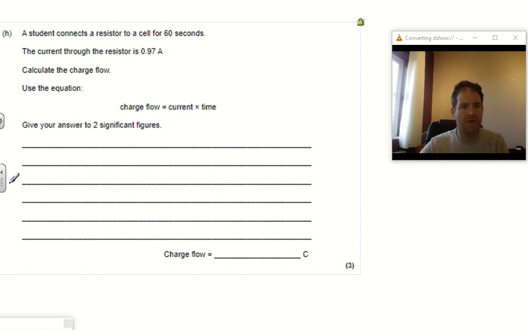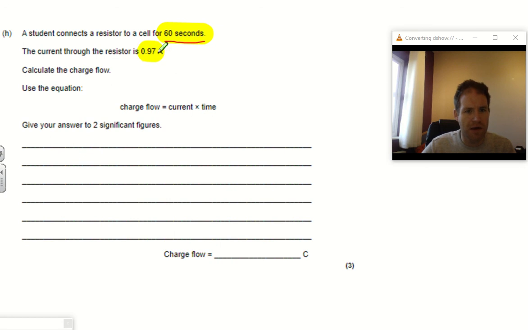And then last question on there, the students connect a resistor to the cell for 60 seconds. Okay, so we're going to highlight the fact that it's 60 seconds there. The current through the resistor, okay, that's important. Current through the resistor is 0.97 A. Calculate the charge flow. Okay, now we've actually been given the equation here.